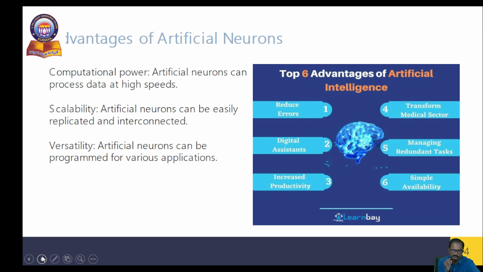While cutting that particular nanoneuron, instead of cutting one neuron, suppose he cuts another neuron, the entire body gets paralyzed. So you have to reduce the errors. By using artificial intelligence, by using robotic surgery, instead of touching another neuron, it will sharply cut only that particular neuron and it operates successfully. So that's one example of how to reduce errors. There are so many such applications wherein we can reduce errors.